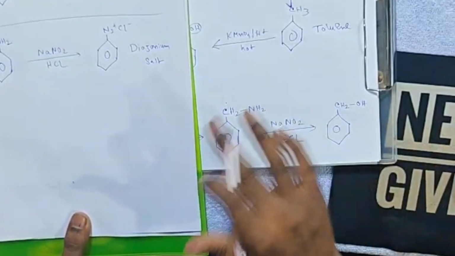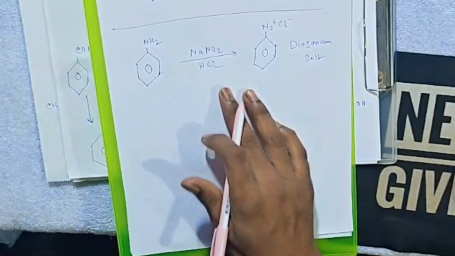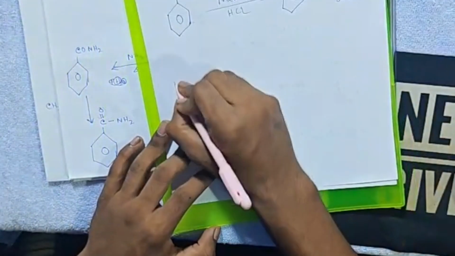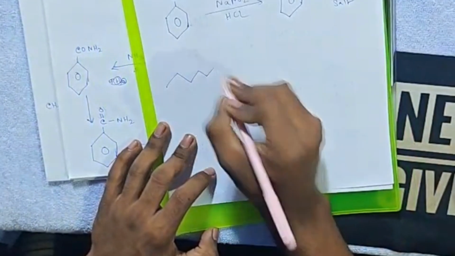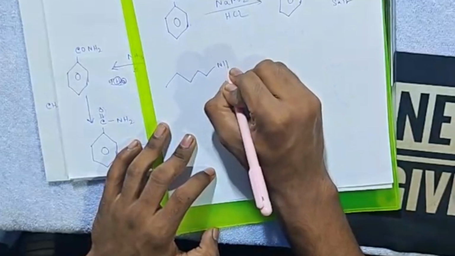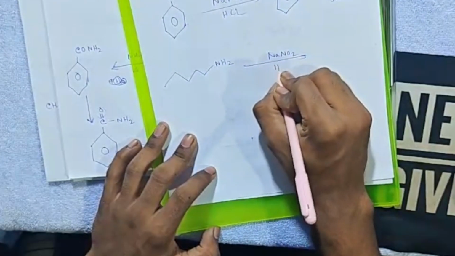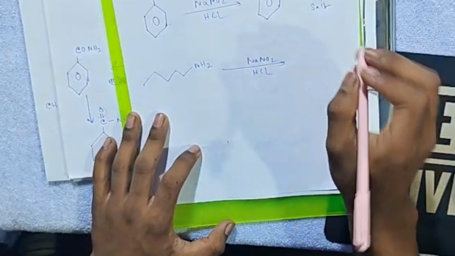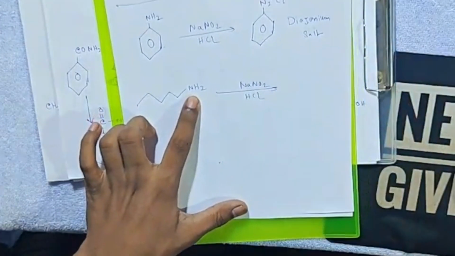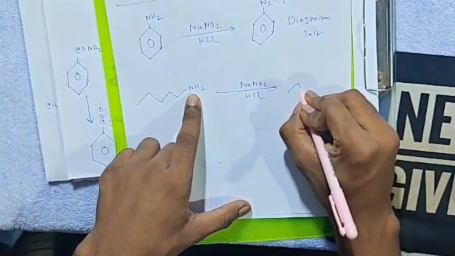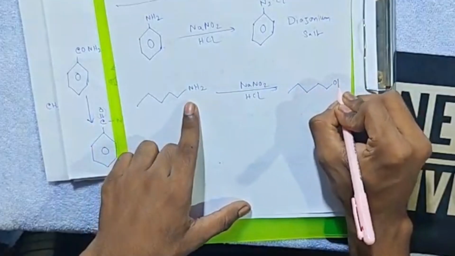Now I will explain why this happens with NaNO2/HCl. For example, one aliphatic chain was there. In the aliphatic chain NH2 was present and you are giving NaNO2/HCl. Simply NH2 is replaced by OH in this case.